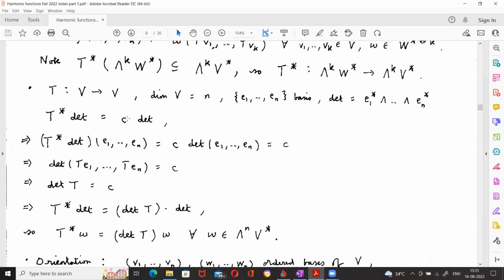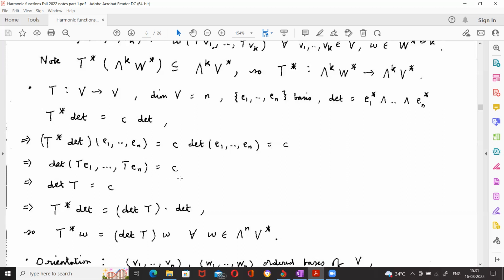Well, what I can do is evaluate both sides on the ordered basis E1 to En, right? So T star det of E1 to En is c times det of E1 to En. Now, det of E1 to En is just 1. So the right-hand side becomes c. And the left-hand side, I use the definition of pullback. T star det of E1 to En by definition is det of TE1 up to TEn, right?